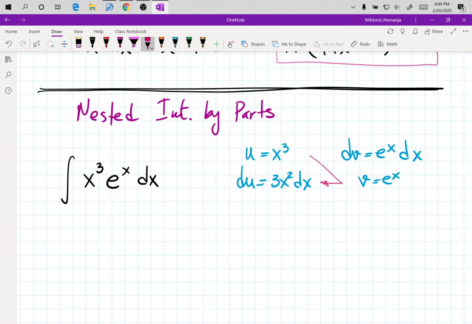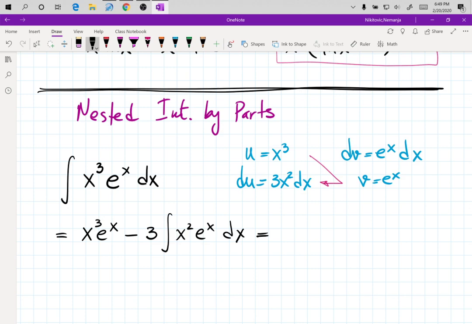Put a little arrow there. And now we have our first x cubed e to the x minus, you can kick 3 outside of the integral, and have your x squared e to the x dx. So this is better, but you still can't do it.